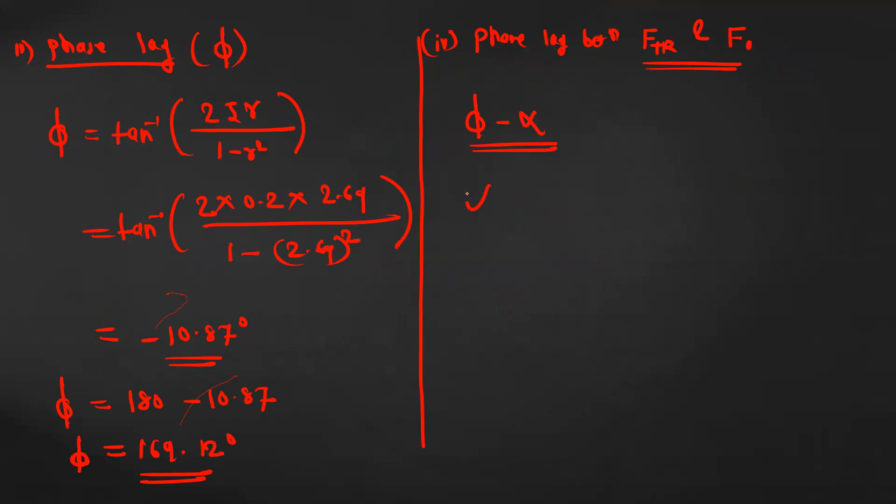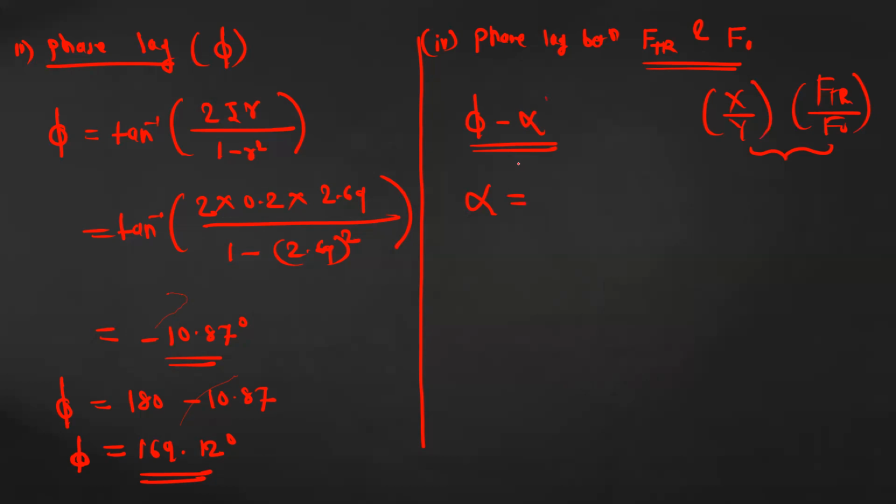Okay. So alpha has an equation. Alpha is present only in the transmissibility equation, whether it is motion transmissibility, that is x upon y, or force transmissibility, that is FTR upon F0. Okay. Only in this derivation do we have the alpha value.